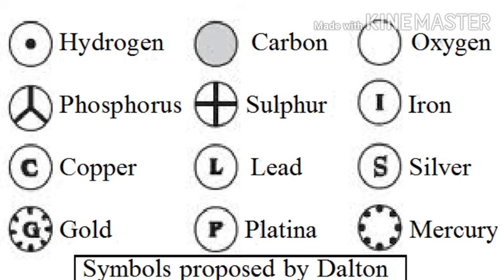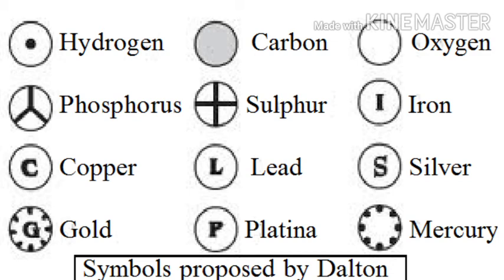Now let us discuss the symbols of different elements. It was Dalton who proposed some symbols for those elements which were discovered in his time. You can see here on the screen that the symbol of hydrogen is given by a circle with a dark circle at the center.